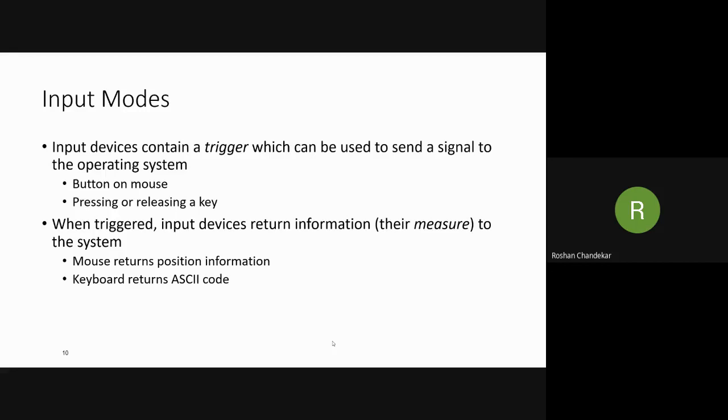Input mode. An input device contains a trigger which can be used to send a signal to the operating system, like a button on a mouse, and pressing or releasing. Trigger means that at every input device that we press, a trigger occurs.